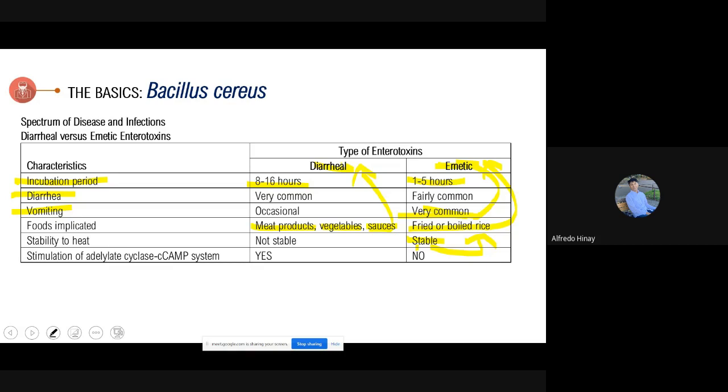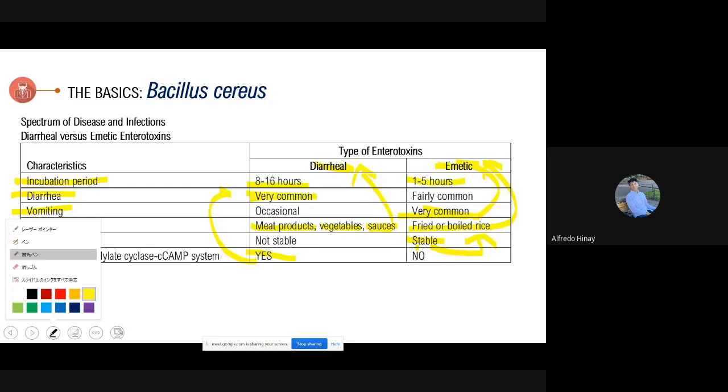Organism. Stimulation of your adenylate cyclase cAMP system, class. Yes, with your diarrhea. Bakit? Common with your diarrheal part. Okay, with your cAMP, class, ito ganito kasi siya. Like for example, ginasipon ka, you have your diarrhea, there is an increase of your cAMP.